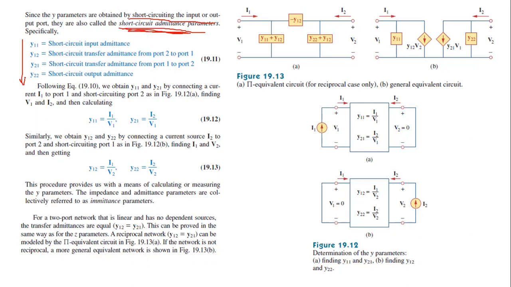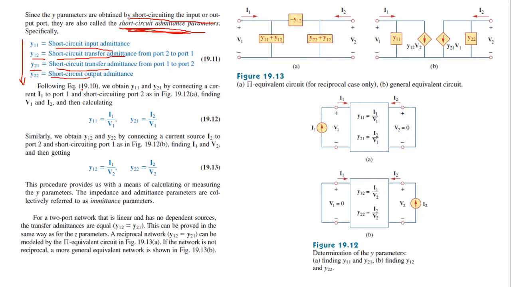So Y11 is the short circuit input admittance, and similarly Y22 is the short circuit output admittance, whereas Y21 and Y12 are called short circuit transfer admittances. They are called transfer admittances because they relate one port to another port.